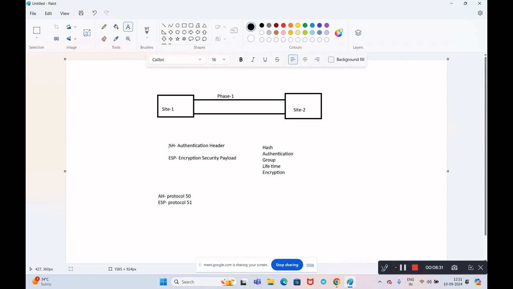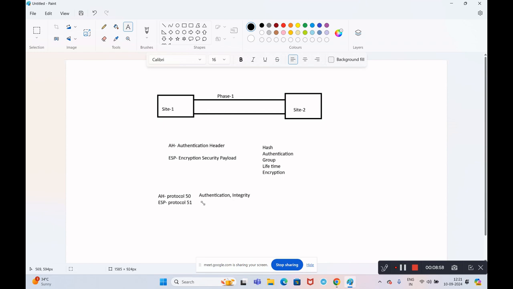In the authentication header, authentication and integrity will happen. Whenever we are using the header, authentication and integrity will happen here.